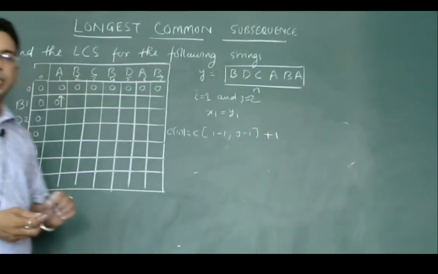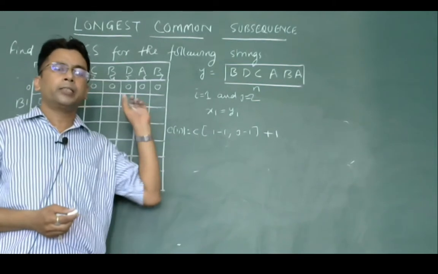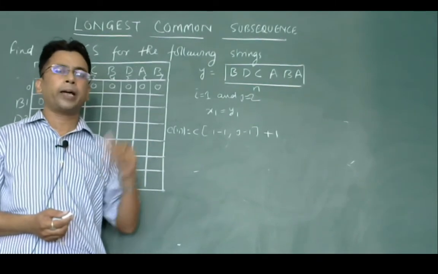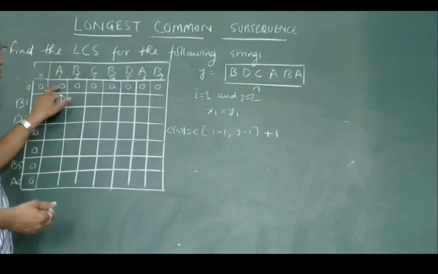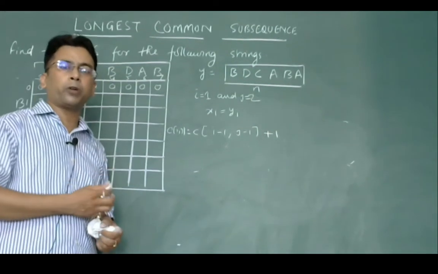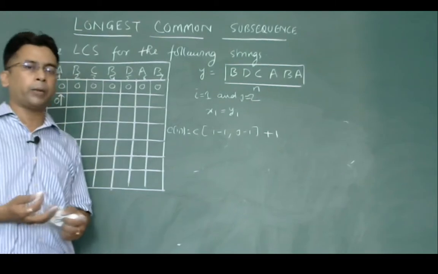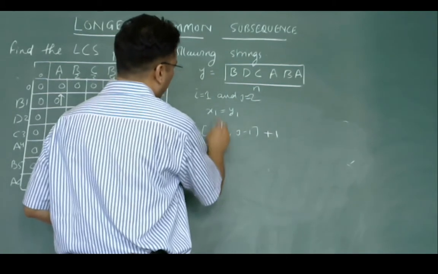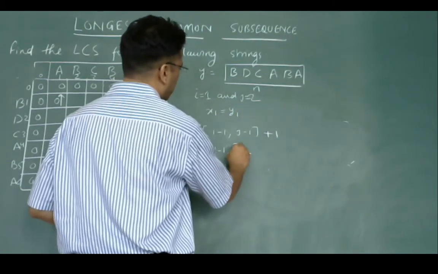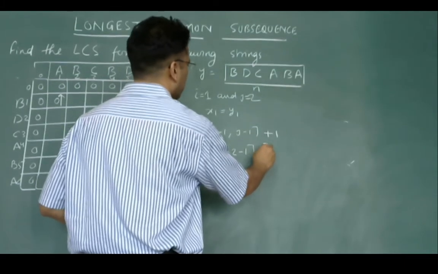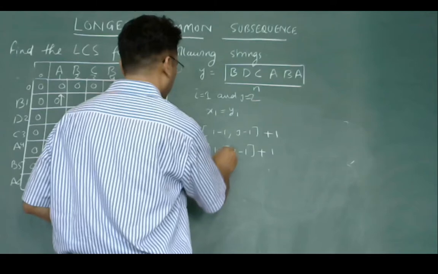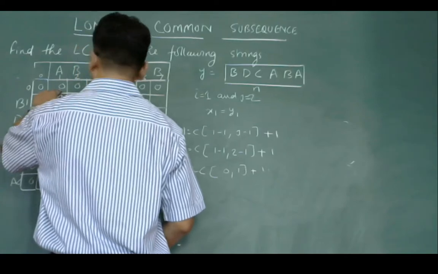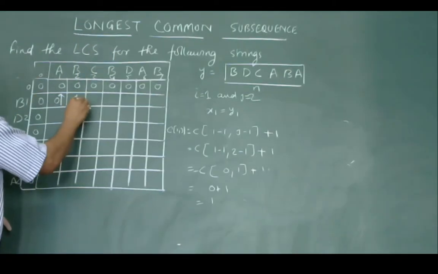In simple words, the value is one greater than the value placed diagonally to it, in the diagonal position. You can calculate the same result with the help of the formula, and also with the help of the diagram. Here i is equal to 1 and j is equal to 2, so c[1-1, 2-1] plus 1, which is c[0,1] plus 1. At position 0,1 the element is 0, and there we shall place an inclined arrow.